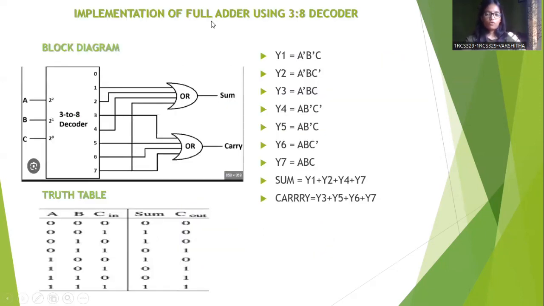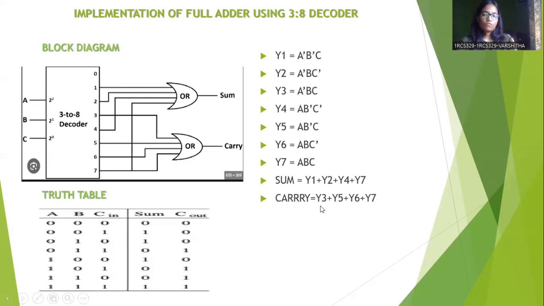Next, let's learn about the full adder using a 3 to 8 decoder. Normally in a full adder, we require 8 output signals from 3 input signals passed to the circuit. So we pass the input signals to the 3 to 8 decoder and it generates 8 output signals.